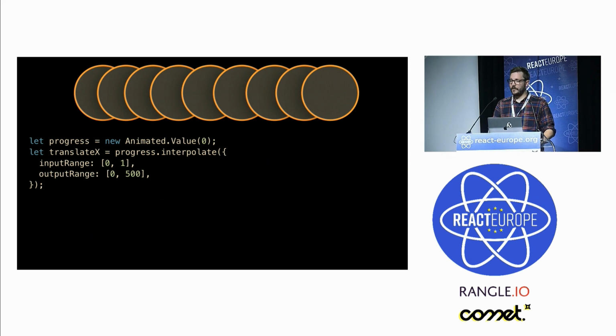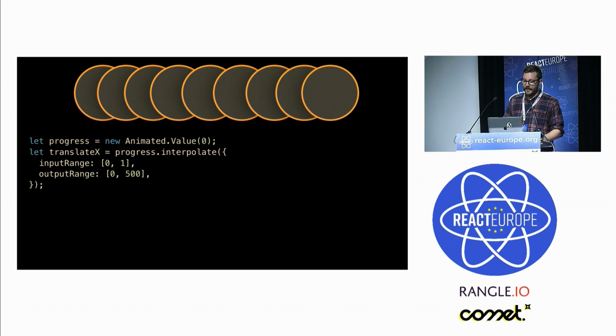So this animated API looks something like this. We can map the idea of progress to something called an animated value. We'll initialize it at 0, so we're saying that we start at 0% through this animation. Then for translateX, we can interpolate the value from the progress value.